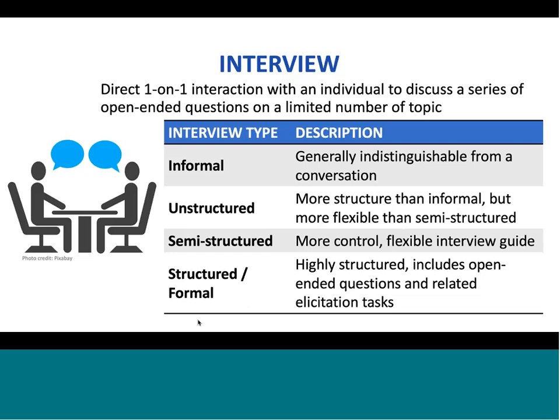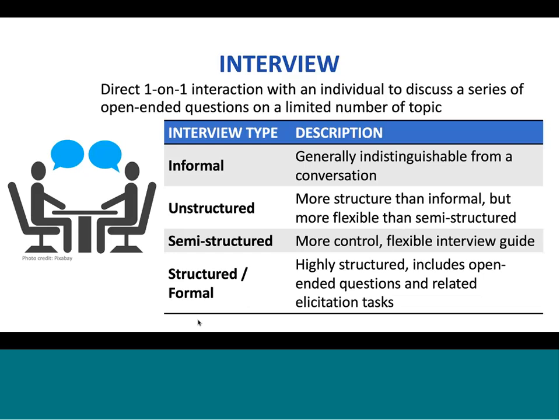And then the next level up is an unstructured interview. This is a little bit more structured than the informal, and there might be a general health topic that is the purpose of the conversation, but it's more flexible than a semi-structured interview.